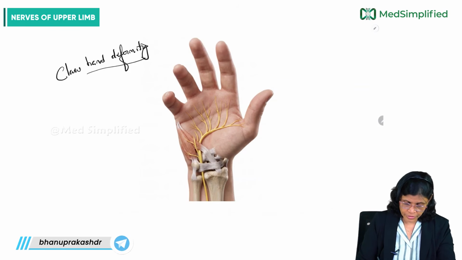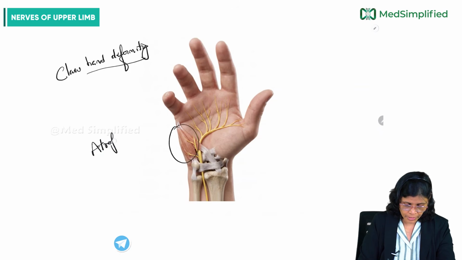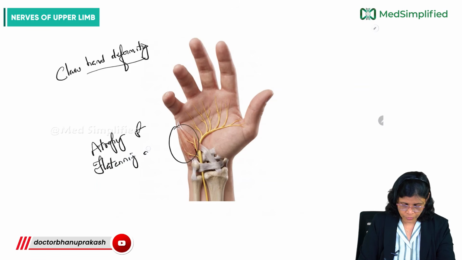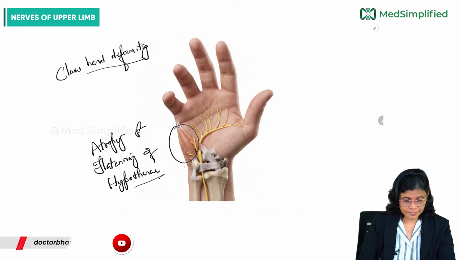Then atrophy of the thenar eminence, of course, atrophy and flattening of the hypothenar eminence we see.